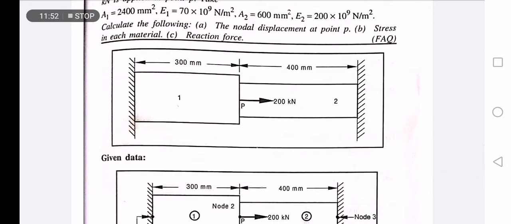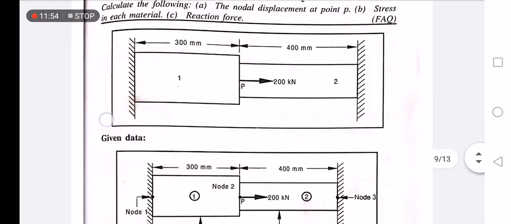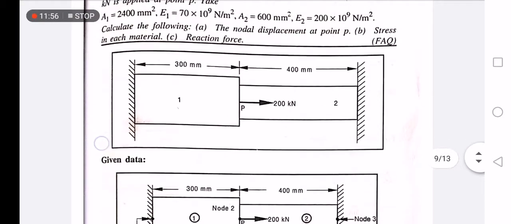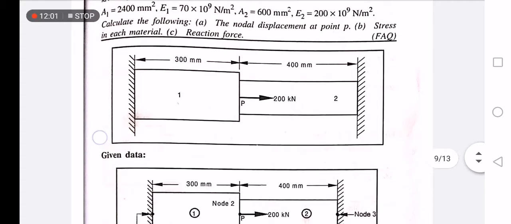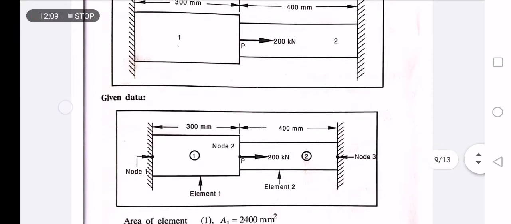So there are two elements, so we will have three nodes. Calculate the nodal displacement at point P. At point P we need to calculate the nodal displacement, stress in each material and reaction force.